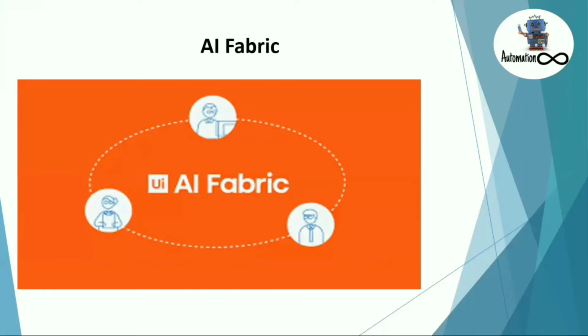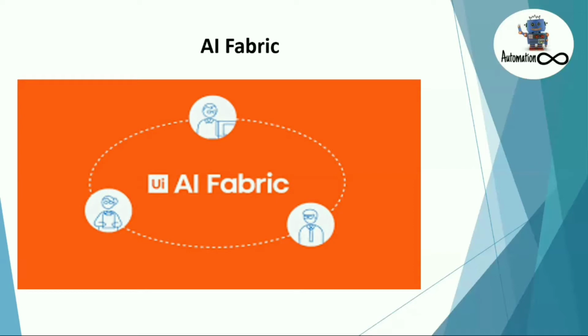So what is AI Fabric? Earlier, an RPA developer had a robot executing business processes, but sometimes the robot needs to work with intelligence and perform tasks beyond rule-based automation. That's where AI Fabric comes into the picture.